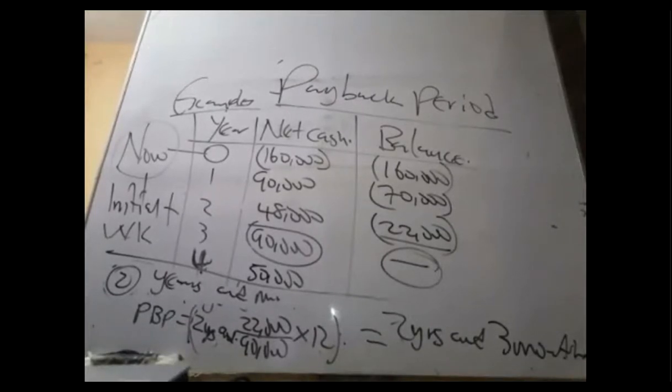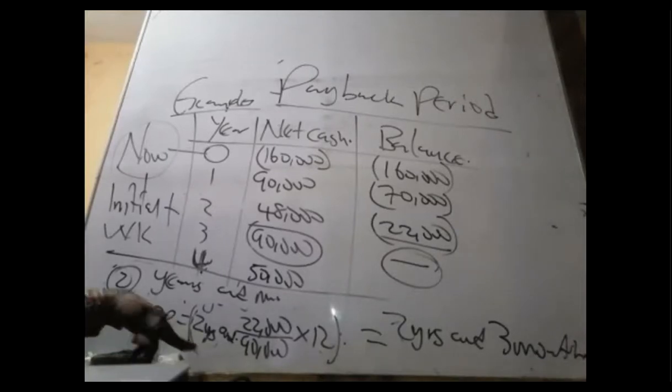Good. So it will be 22,000. So 2 years, you know it's already fixed. Now I don't touch it. Okay, so 22,000 divided by 90,000, times 12. Get 2.93. So that means 2.93 months.